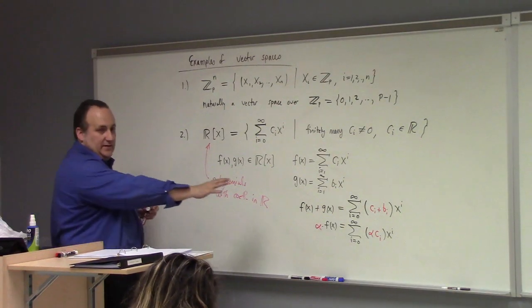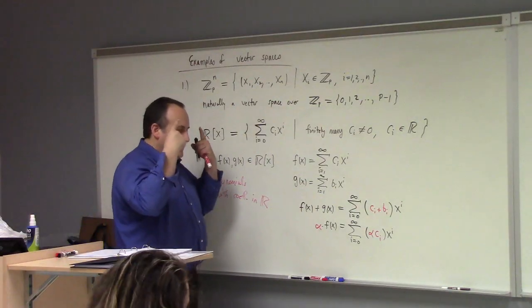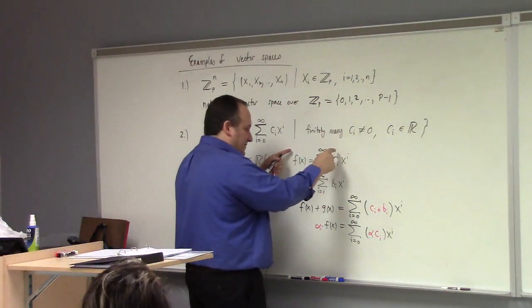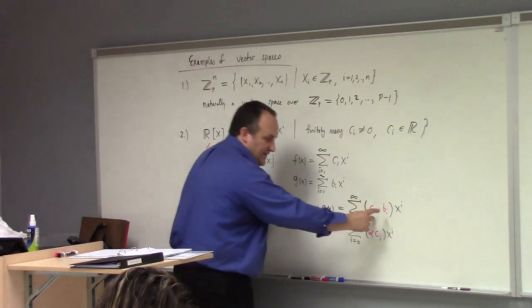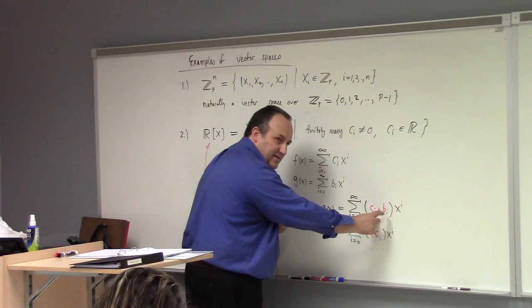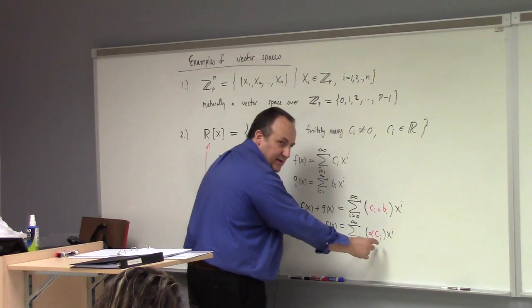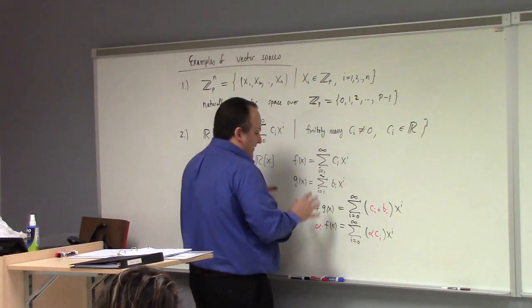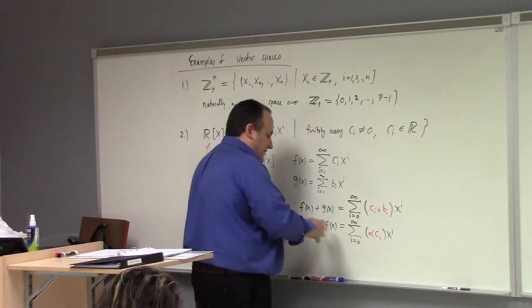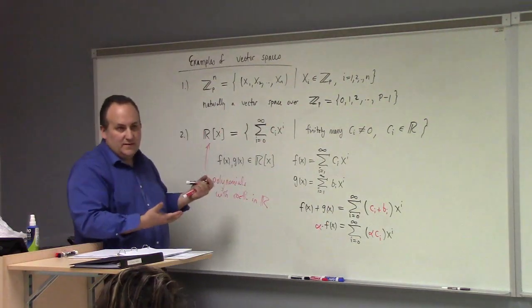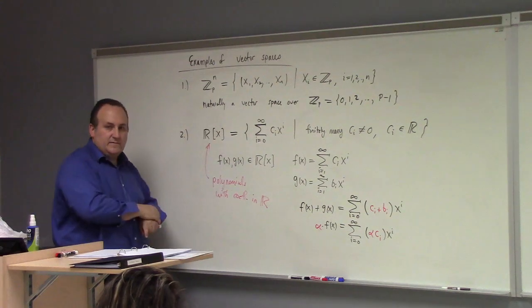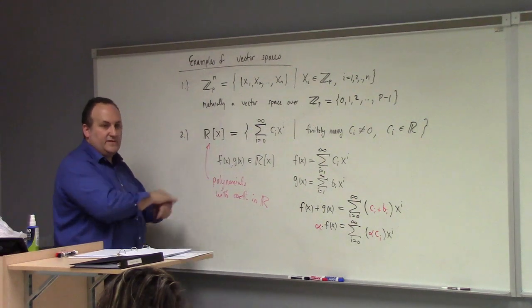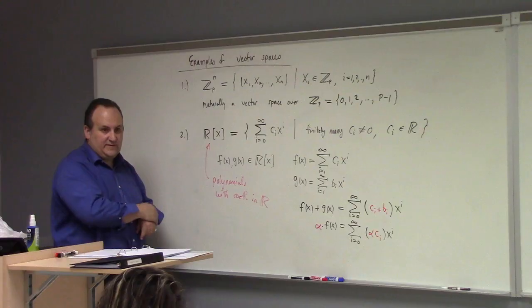Is it clear that, if finitely many for f and finitely many for g are non-zero, there's still only finitely many non-zero down here, and there's still only finitely many non-zero down here? Therefore, f of x plus g of x and alpha times f of x are again polynomials, which is a quick argument to show you that this set is closed under my alleged vector addition and scalar multiplication. And you can check the rest of the axioms.